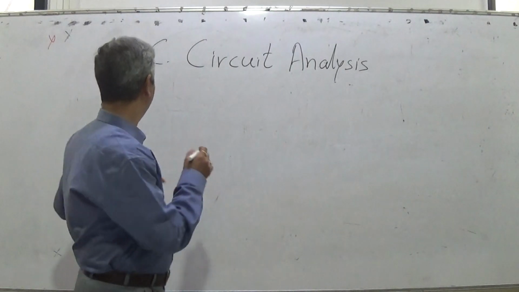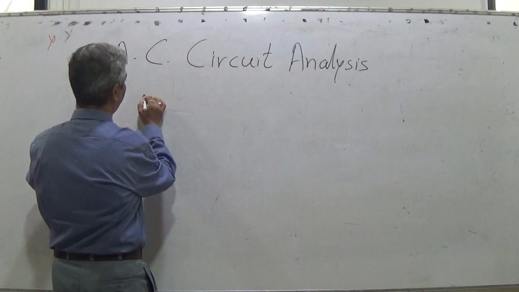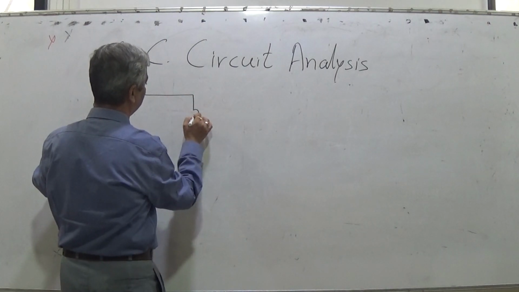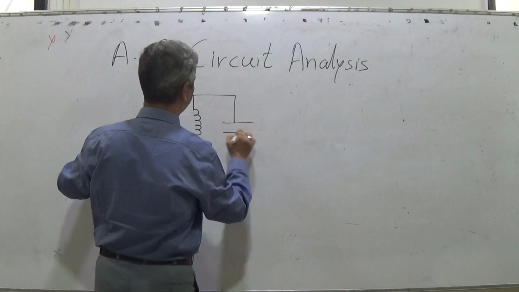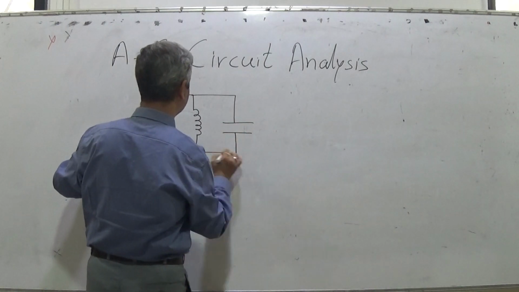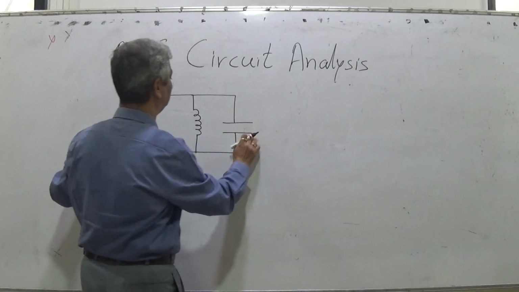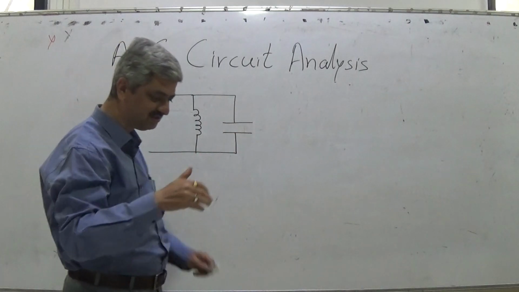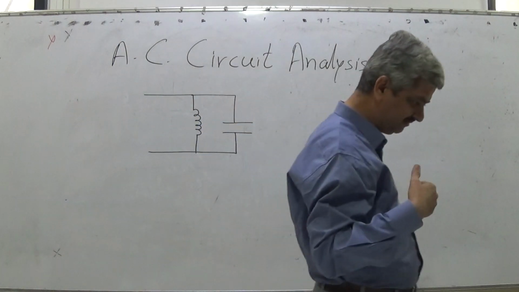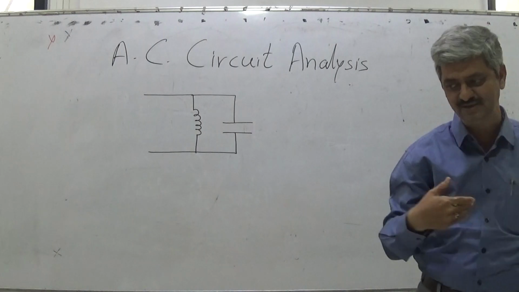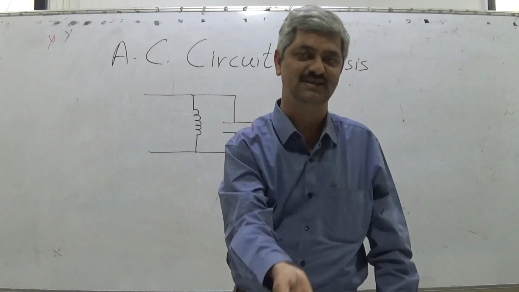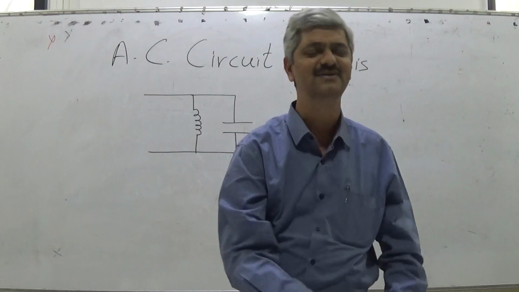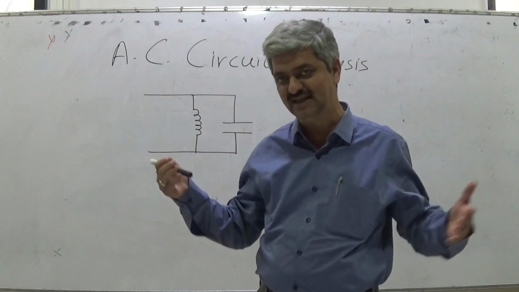So now if I have an inductor and a capacitor connected like this, it's a very interesting phenomenon, and I want things should come from within yourself instead of me telling something.